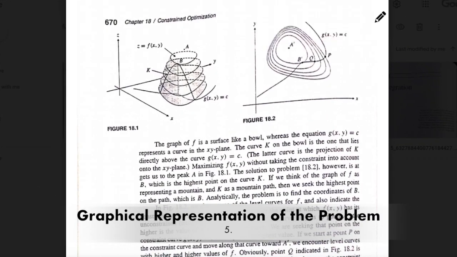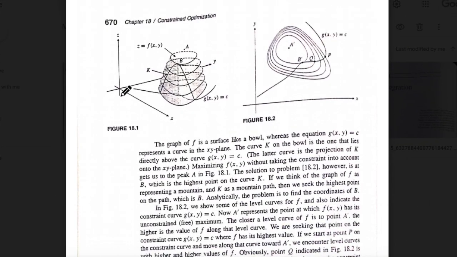Now if you look at this figure here, figure 18.1, you will notice that you have a function f of x,y is equal to z, which is represented by this three-dimensional surface. Basically, the shaded area represents this function f of x,y is equal to z. यहाँ पे g of x,y is equal to c is basically this curve k that you can observe.